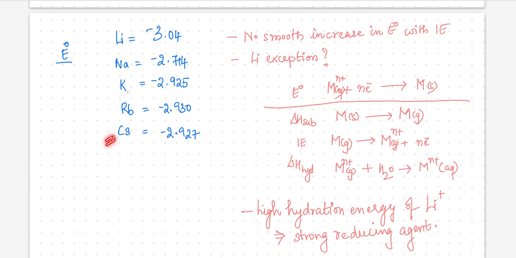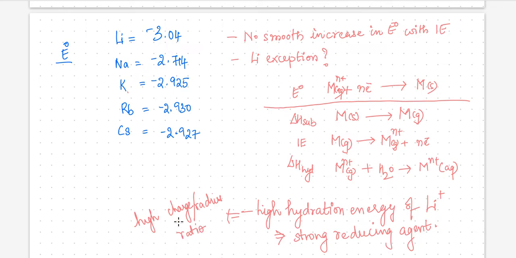We expect cesium to be a stronger reducing agent because it has a lower ionization energy, but lithium is the strongest reducing agent, even though it has a very high ionization energy, and that is mainly because of the high hydration energy that you see in the case of the lithium ion because of the high charge to radius ratio.